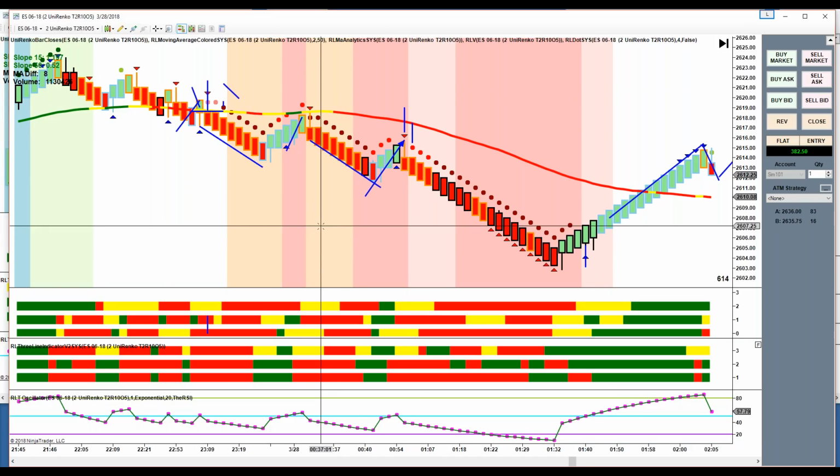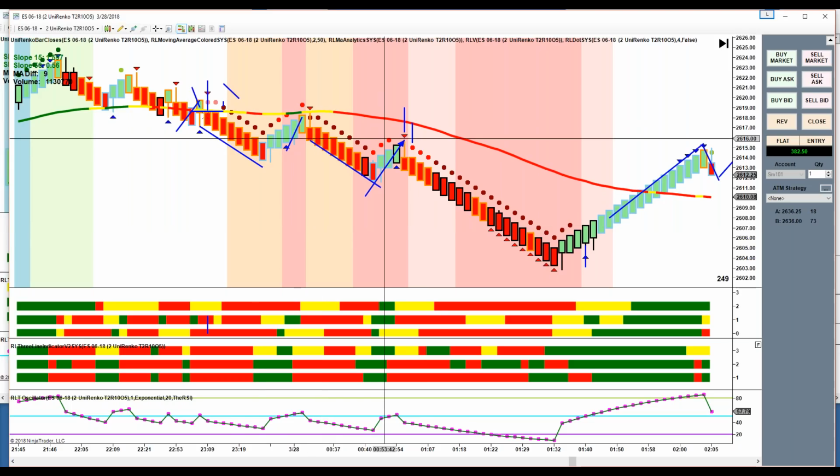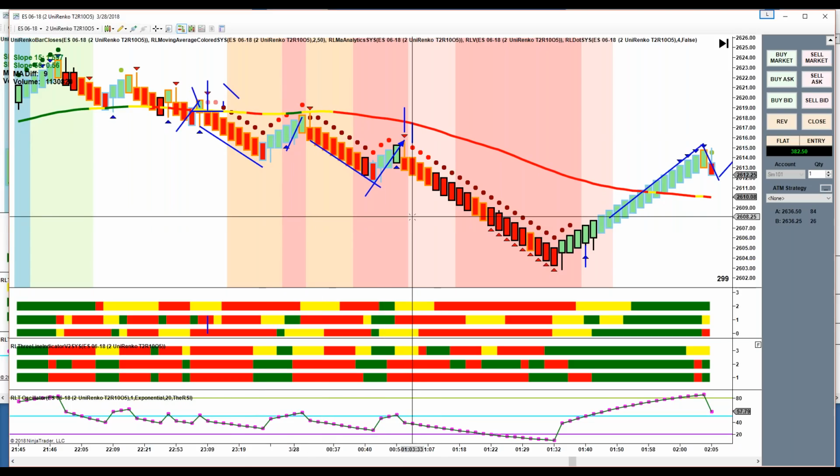But if you want to do it, listen, there's nothing that you can't do. It's just a question of whether you want to assume the risk of missing 2 ticks on the entry. That could be a big deal. So I'm not going to tell you to do it.